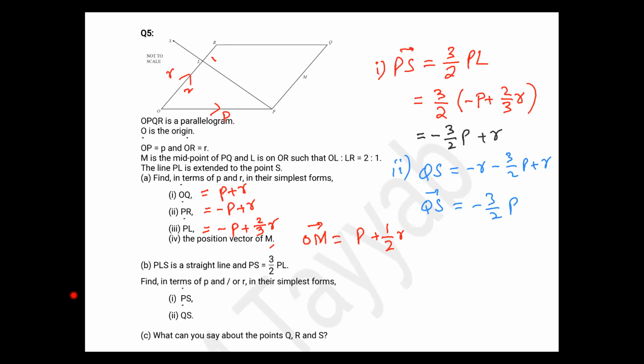And if A, B, C are lying on a straight line, the statement was something like this: if AB is k times BC, it means the points A, B and C are lying on a straight line, because B is a common point. So you are forming a ratio, and one point is common, so it is proved that it is a straight line. So you need to make this mathematical relation.